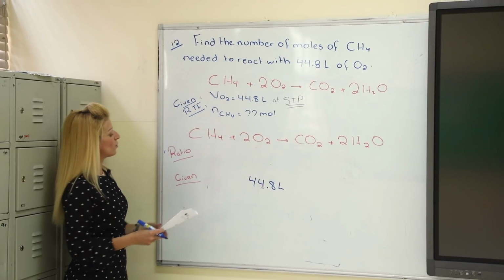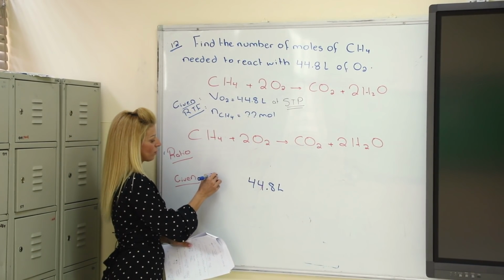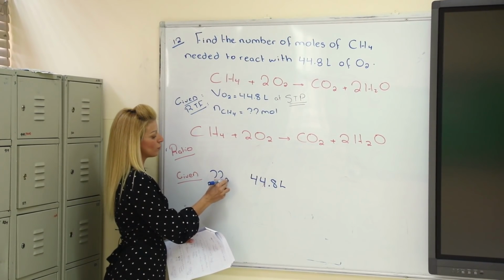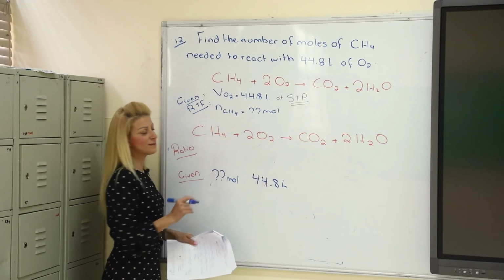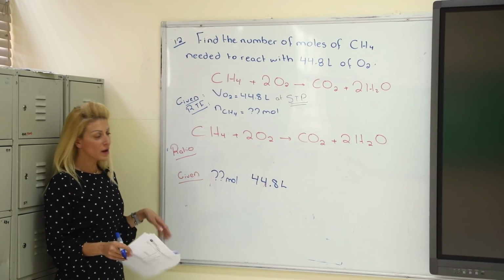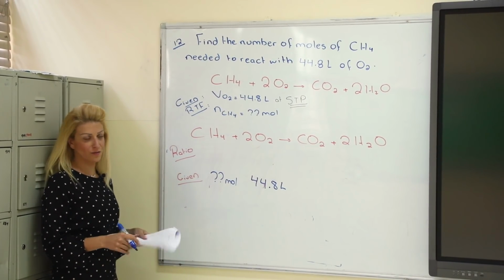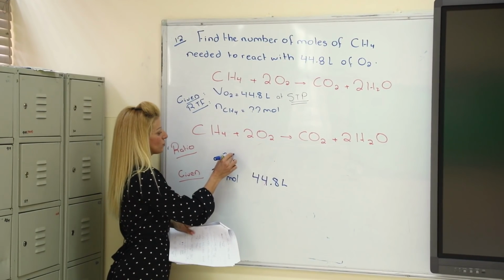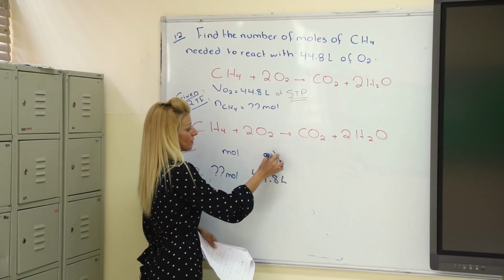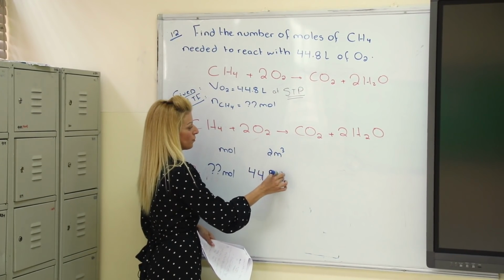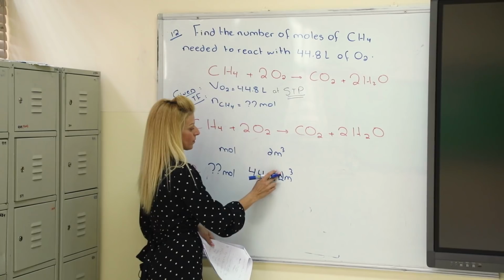Under CH4, I will write a question mark as in how many moles will react with this volume of oxygen. So we will write our ratio in the same units as the given. Moles for CH4 and liters or decimeter cubed for O2.